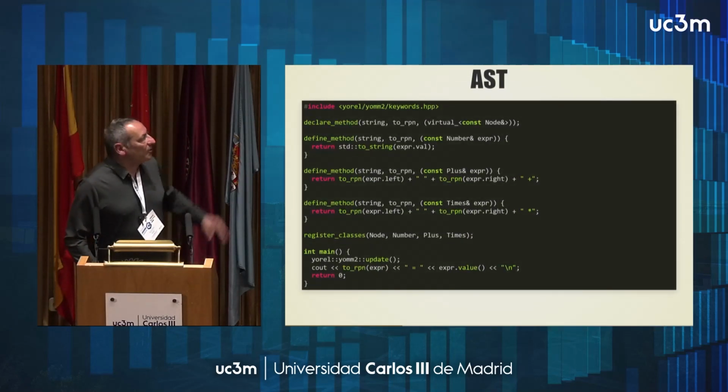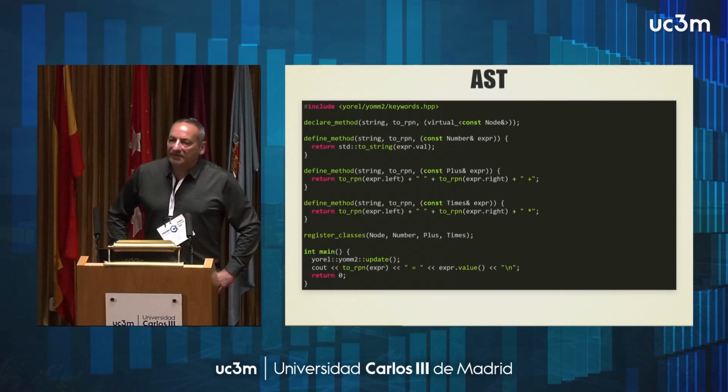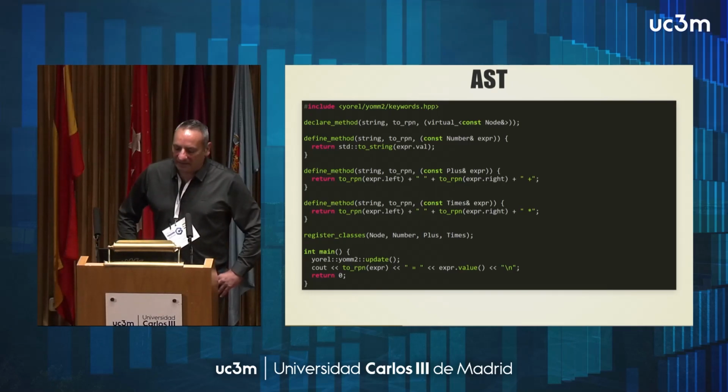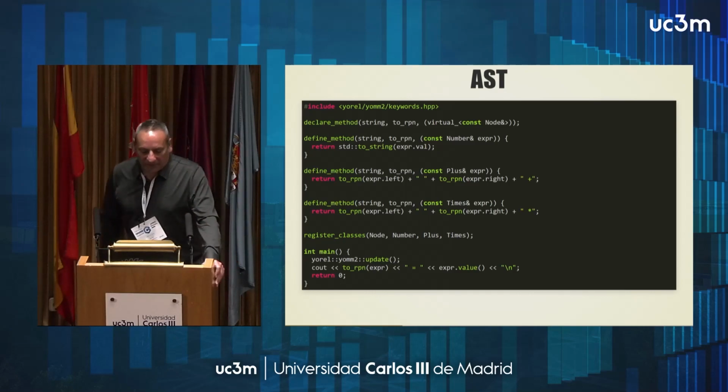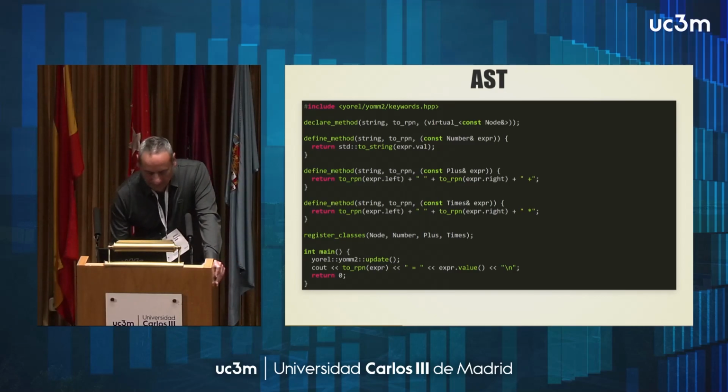And here's now the complete AST solution using YOMM2 open methods. We have to include the library. We declare the method toRPN. We provide definitions for each case. And we have to do two extra operations.